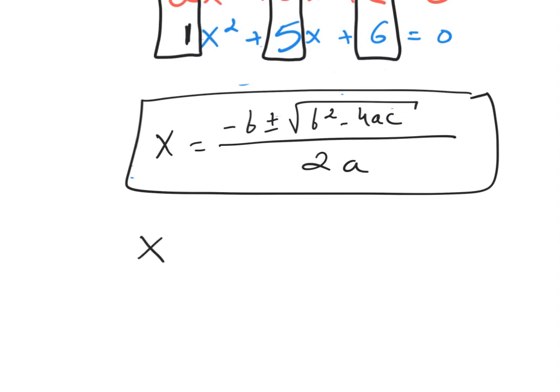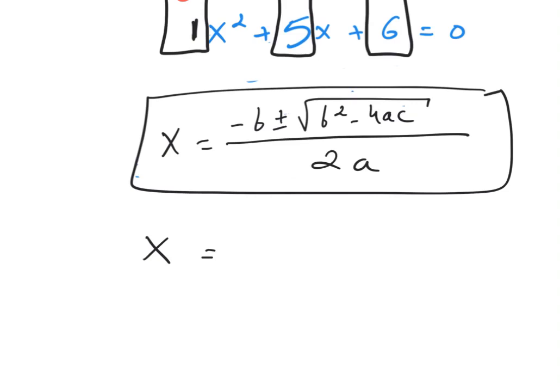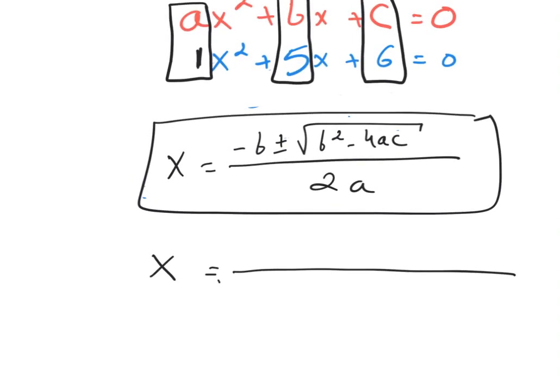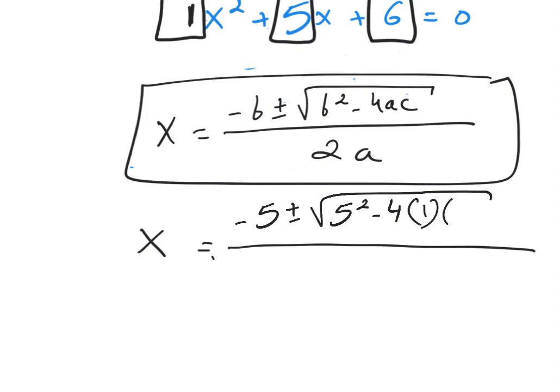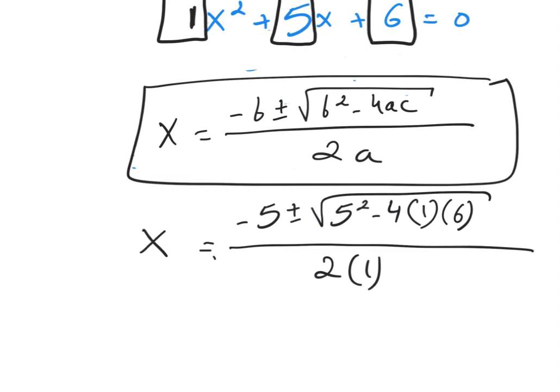So x equals negative b, which is negative 5, plus or minus the square root of 5 squared minus 4 times a, which is 1, times c, which is 6, over 2 times 1.